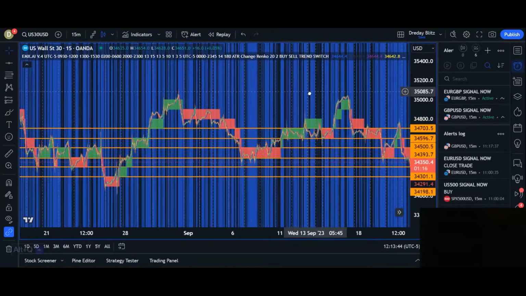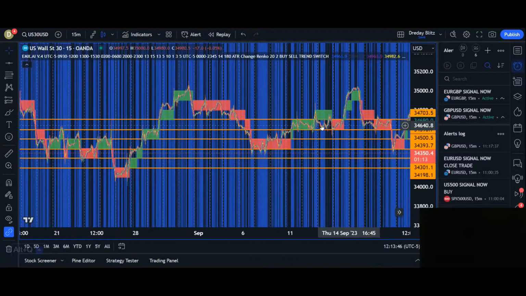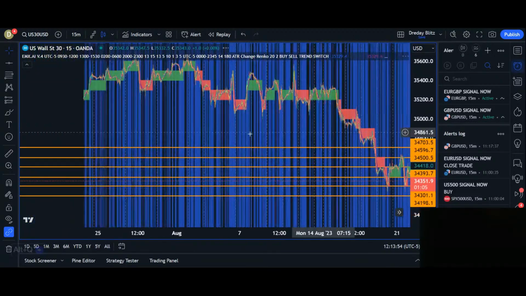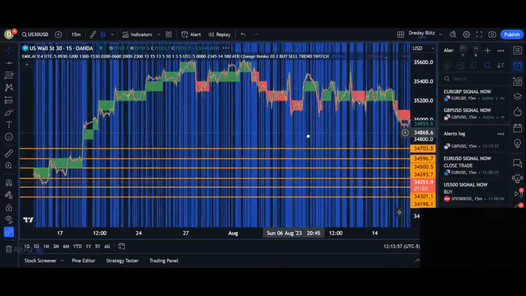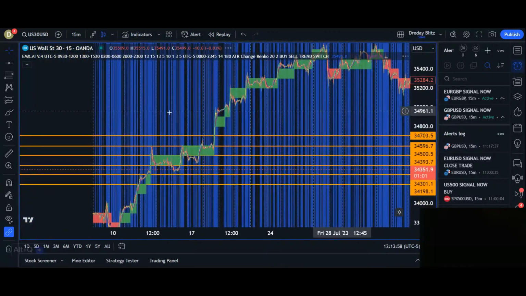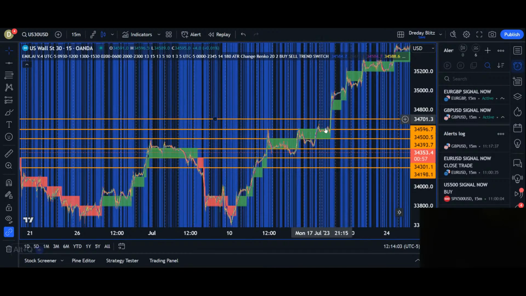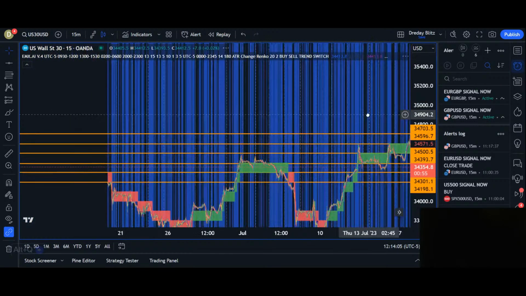And if I go back, as you could see, the lines that I put in are aligned with the previous Renkos, all of them, all of them. You see, same range. It's doing the same thing every day.